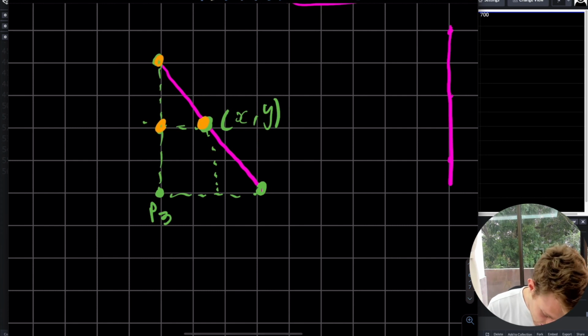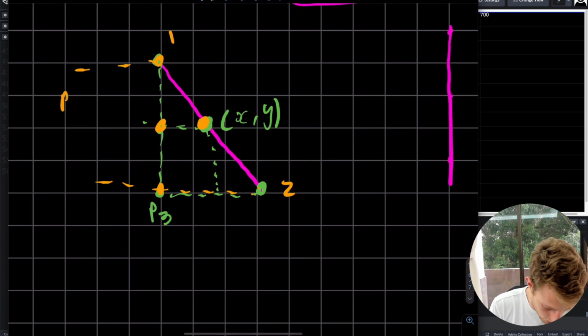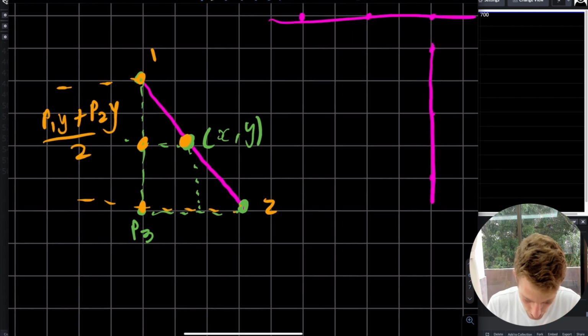And that's just the midpoint of these two, right? If this is 1 and this is 2, that is just p1y plus p2y over 2. So it doesn't change, right? It's still just the middle of the y ones.